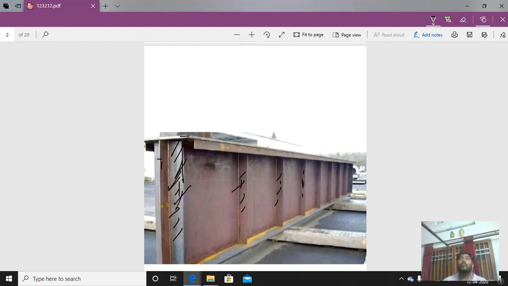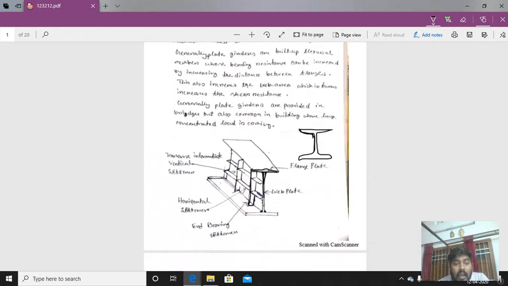I think it is clear to you what an intermediate transverse stiffener is and what the normal bearing stiffener is. These are all vertical, that is, transverse stiffeners.